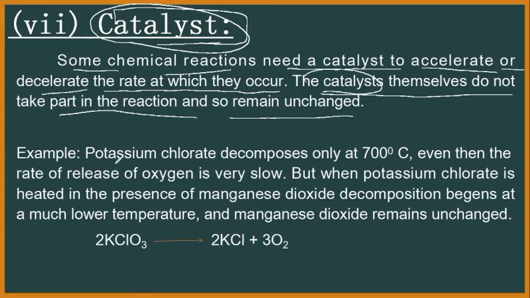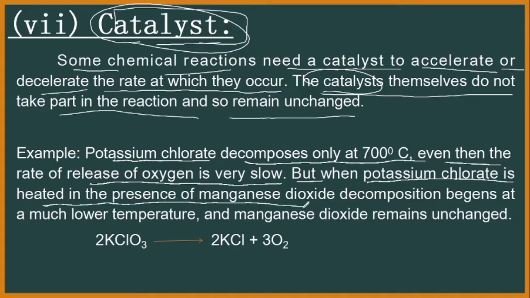As an example, potassium chloride decomposes only at 700 degrees Celsius, and even then the rate of release of oxygen is very slow. But when potassium chloride is heated in the presence of manganese dioxide, that is MnO2, the decomposition begins at a much lower temperature and manganese dioxide remains unchanged.